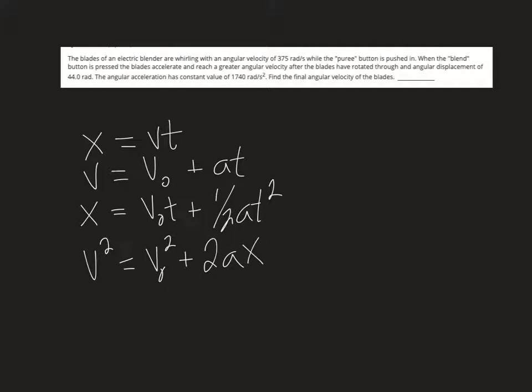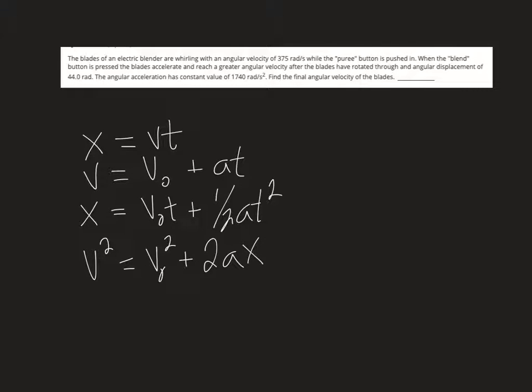So those are our kinematic equations. Now for rotational, remember, instead of dealing with how far something traveled in the x direction, we're going to be talking about how many angles or radians it traveled, and how far it went in a certain amount of time.